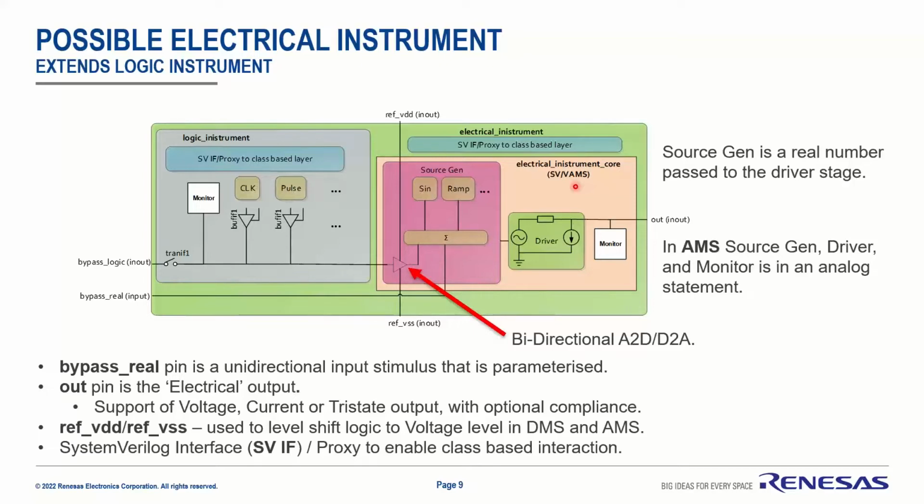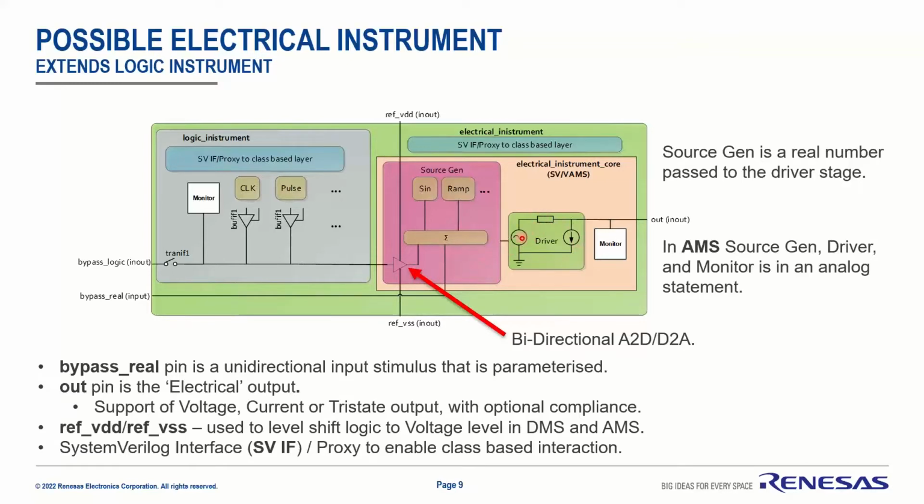And via a hierarchy editor, you could switch per instance or globally, whether it's using the SystemVerilog one or the VERILOG-AMS one. So the way this works is we've got some sine waves, ramp generation. All of that is done in the core because it needs to be for AMS.